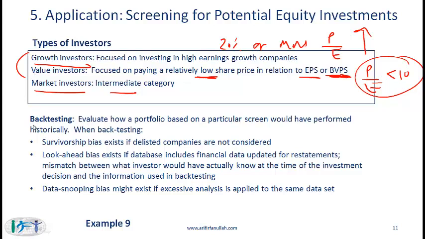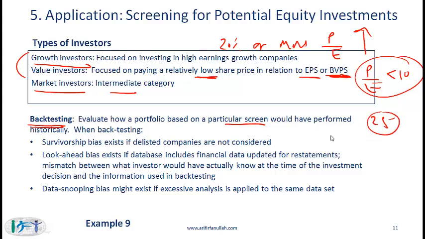You need to understand this term called backtesting. This is where you evaluate how a portfolio based on a particular screen would have performed historically. Let's say that we go with the screen that was discussed on the previous slide and you've identified 25 companies.